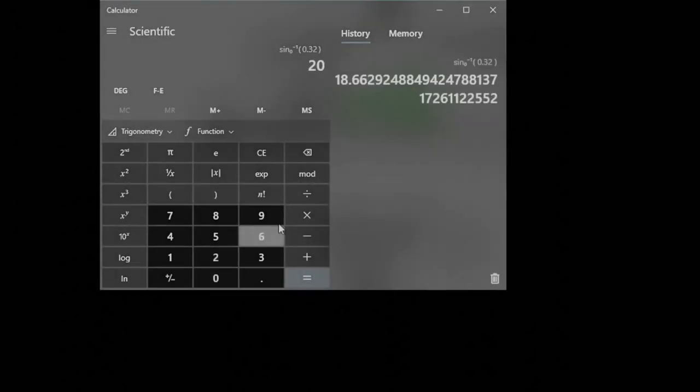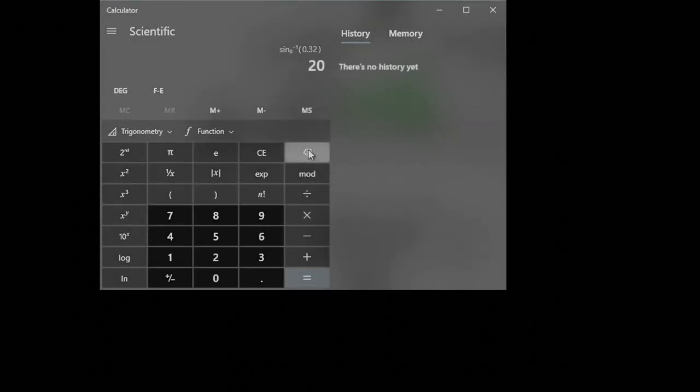Let me clear everything out here so that you don't get messed up with what's already there. Clear, okay. So 20 times, now this calculator I have to do 57, then hit the sine button, and then I'm going to divide that by 15.